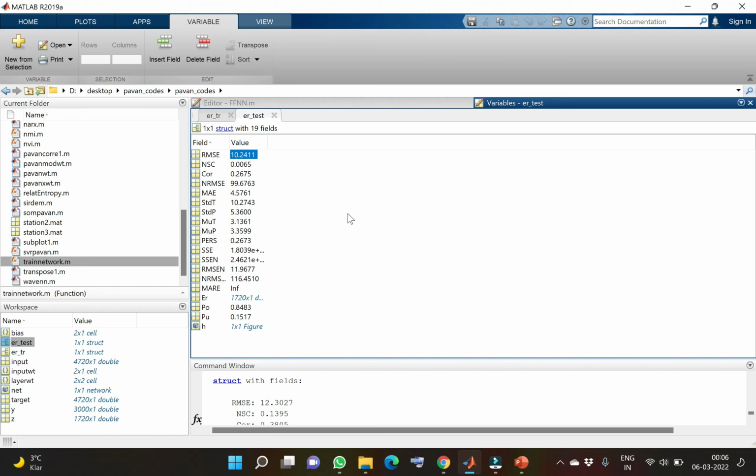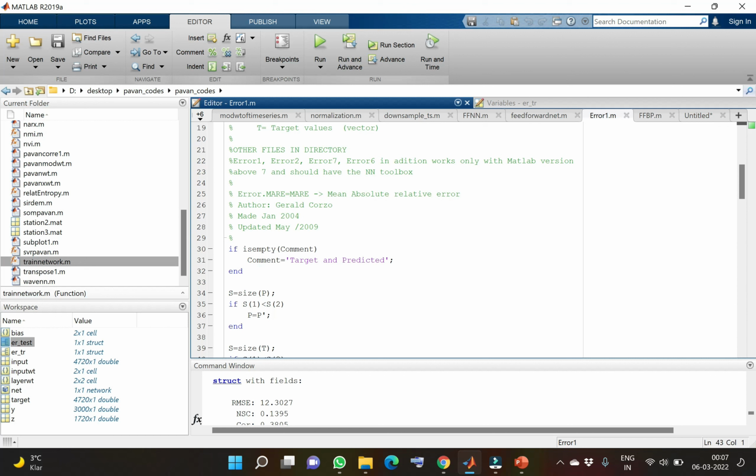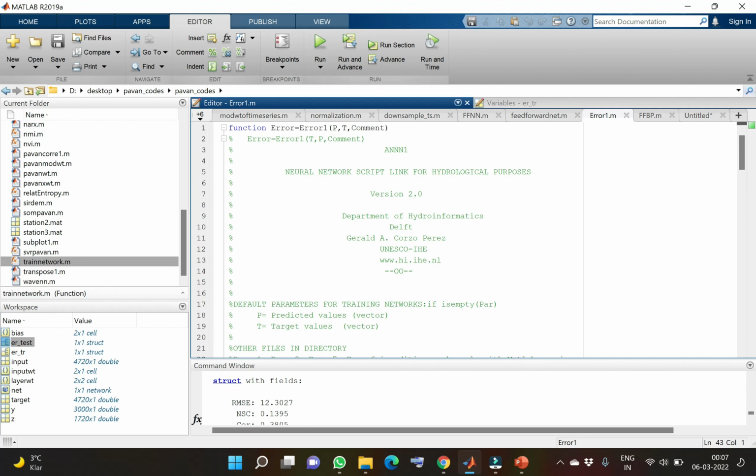So these are the various variables, and how the errors are saved so that you don't have to stress so much doing it manually, using the code developed by IHE Delft, Professor Geral.